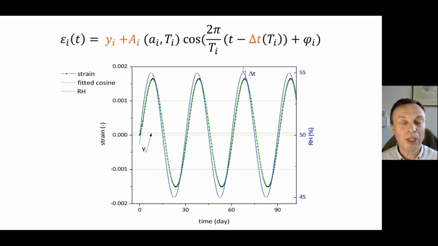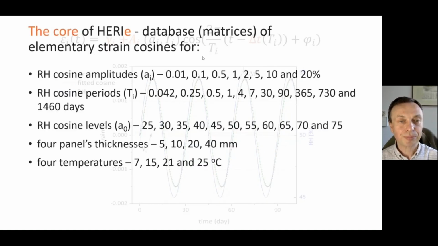So it means that when we increase the moisture, the wood absorbs more than it desorbs during the period of the lower relative humidity variation. It is why we observe this slight shift.